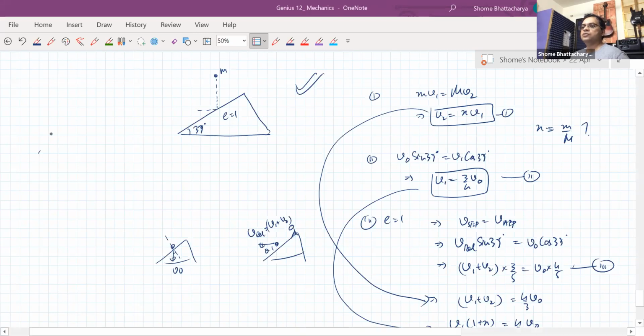You can do a counter example where you take a 1:1 mass ratio and e equal to 0.5 or 0.6. You'll see after impact, this particle will have a velocity like this instead of a horizontal velocity, whereas this will go like this. It just cannot have a horizontal velocity. That's the meaning of it. Nishit, hope that point is clear to you also.